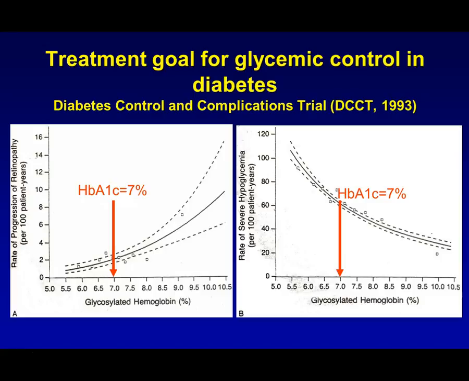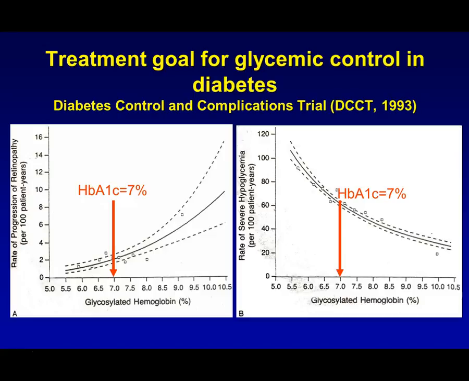On the left panel, we see the rate of progression of retinopathy as a function of the glycosylated hemoglobin. We see an increase of the risk of retinopathy with increasing glycosylated hemoglobin. However, it seems that the risk does not decrease steeply anymore at glycosylated hemoglobin levels below 7%. On the other hand, at levels above 7%, there is a steep increase of the risk of retinopathy as one of the complications of diabetes.